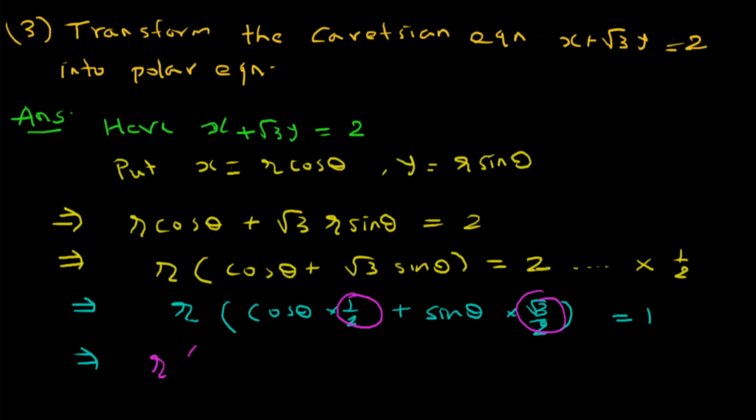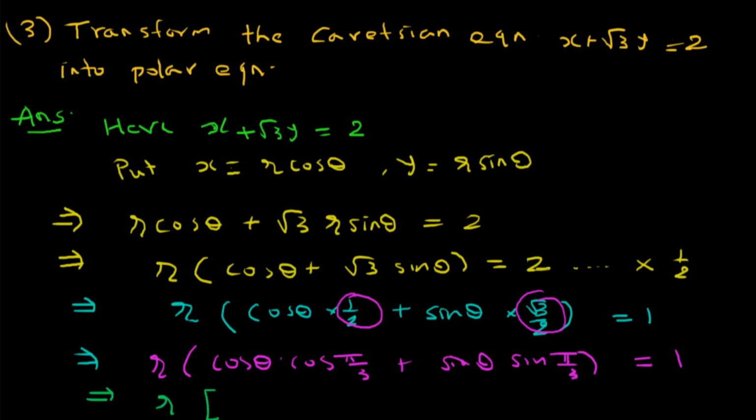So I can write r into (cos theta cos pi by 3 plus sin theta sin pi by 3) is equal to 1. This gives me a familiar formula: cos alpha cos beta plus sin alpha sin beta is cos of alpha minus beta.